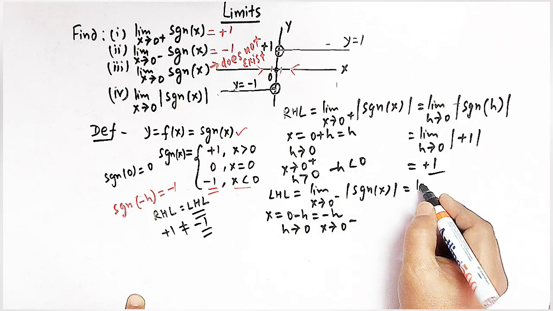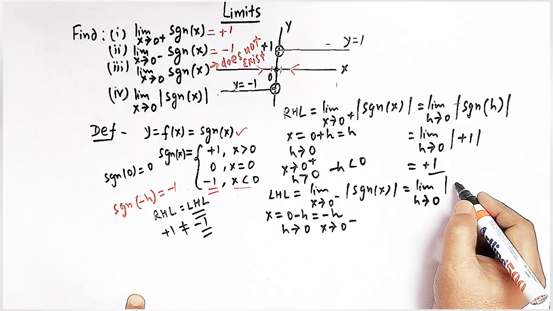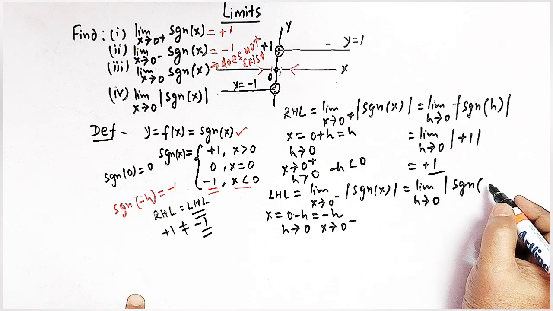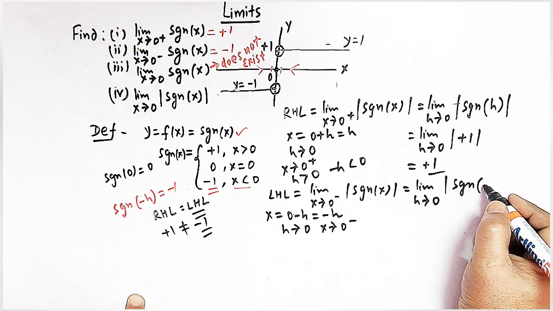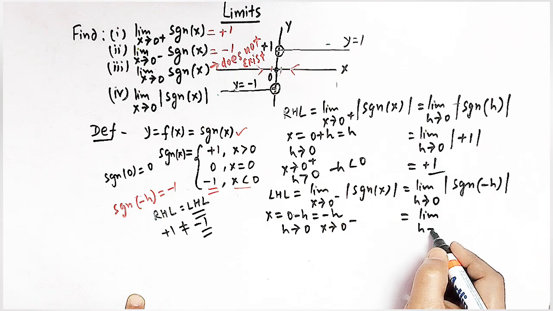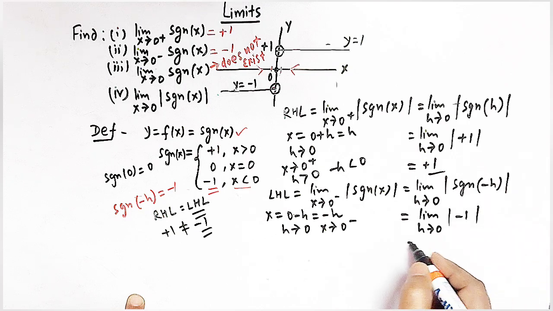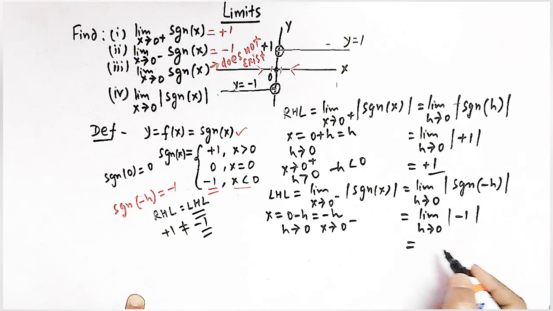So we have the limit as h tends to 0 of mod of signum of minus h, and we have just seen that signum of minus h is minus 1. So mod of minus 1 is simply plus 1, right?